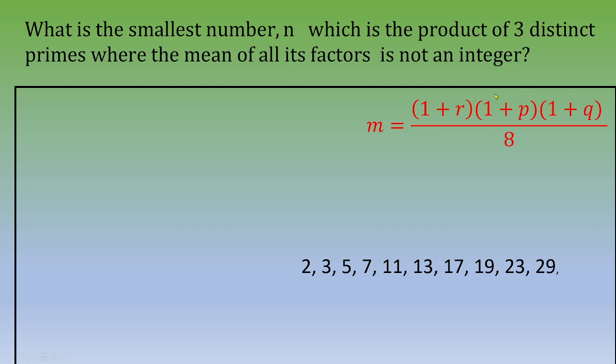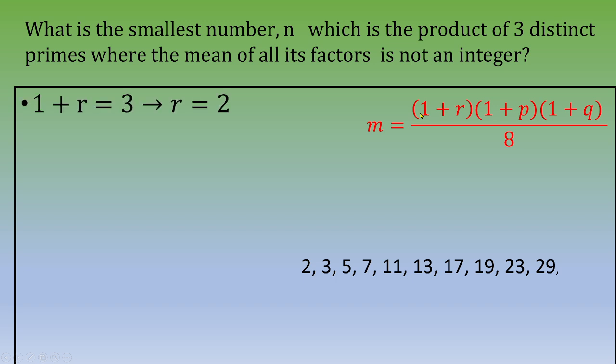So these three terms are not all even numbers, because otherwise this is 2 times 2 times 2, this is 8, and we could simplify, and like this is an integer. That's not what we want. So we would like at least to get one odd number. So we start with the smallest value for r, this is 2.